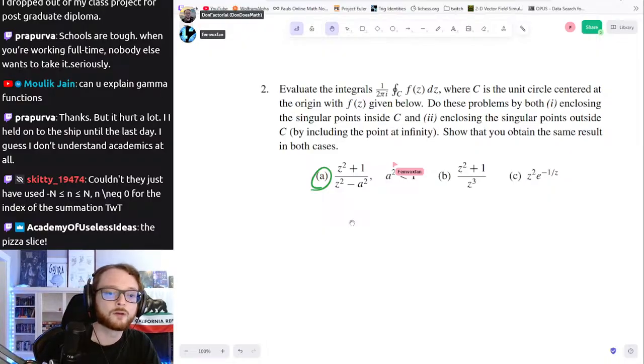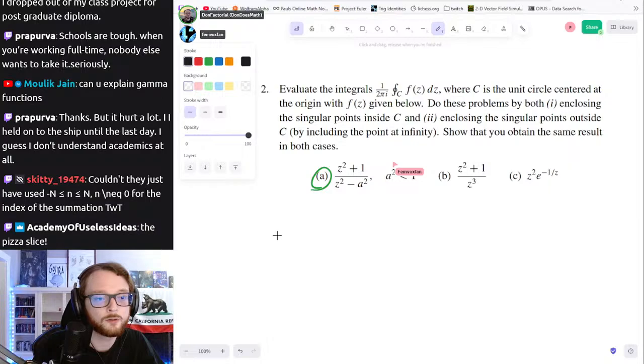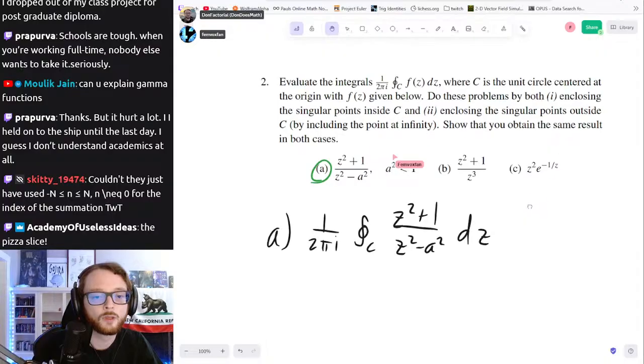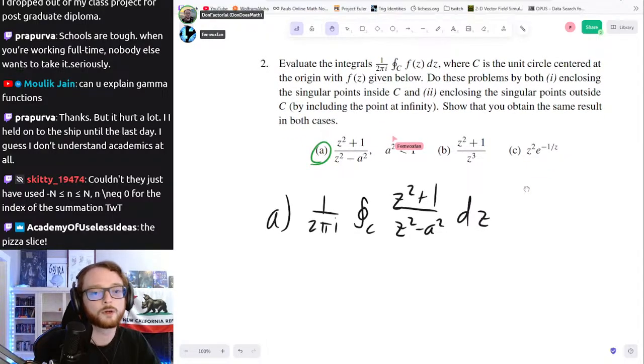Okay, so a squared is less than 1. So we're enclosing 2 singular points, plus and minus a.